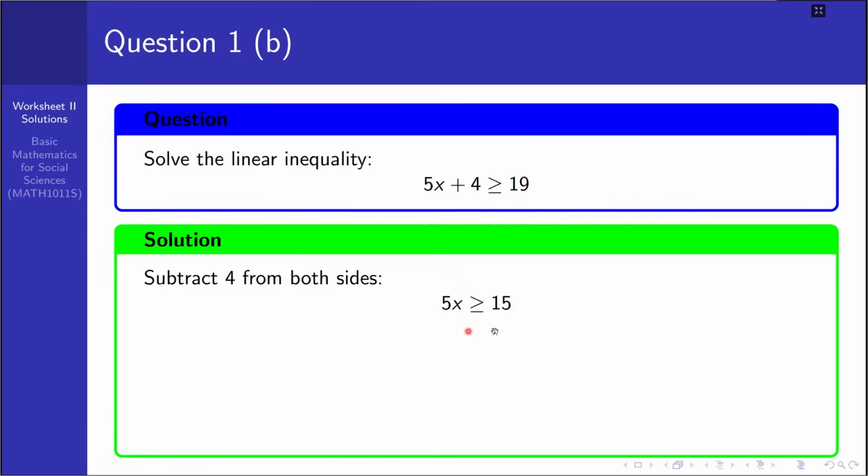And if we divide both sides of this inequality by the coefficient of the variable x, just to make x alone, that means we have x greater than or equal to 3. Therefore, the solution set will be x greater than or equal to 3, or the closed interval, that is including 3, from 3 to positive infinity.